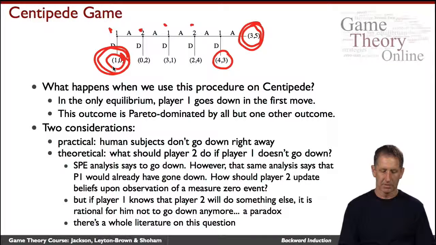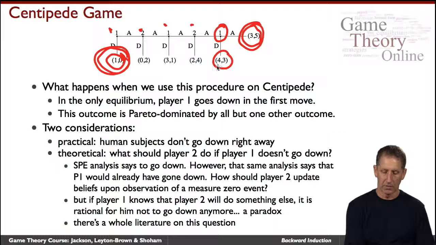But nonetheless, when you examine it, you see that there's only one subgame perfect equilibrium here, and in fact only one equilibrium outcome, namely this one. And you can see it by doing again the backward induction procedure. If the game progressed and in fact reached this node, what would player 1 do?